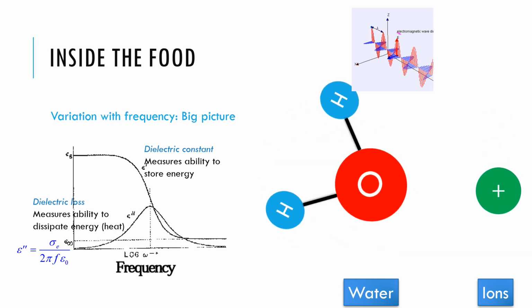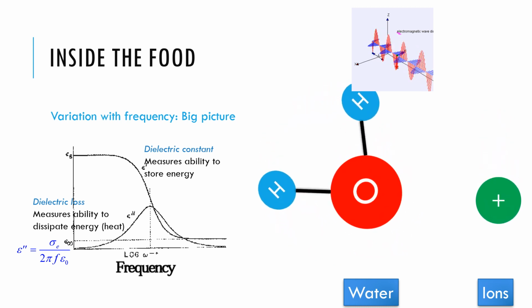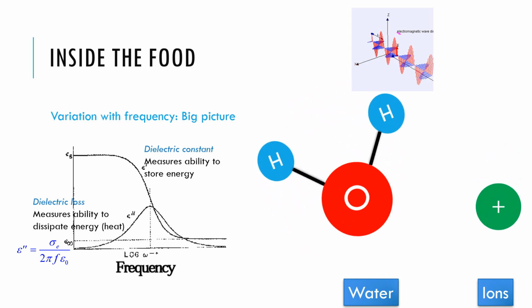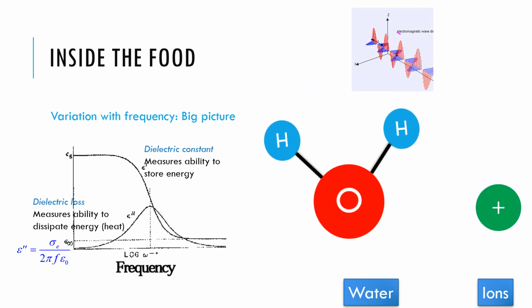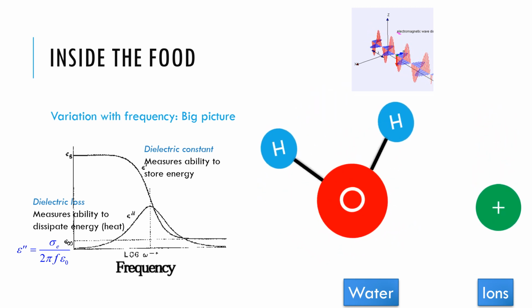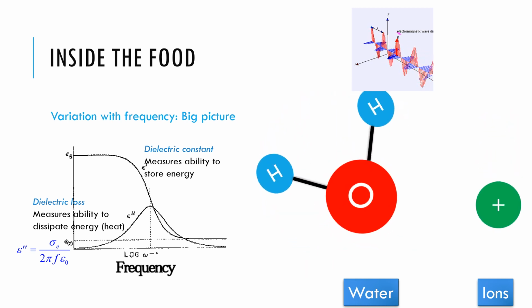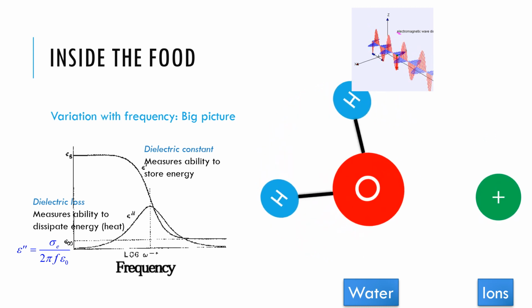That's how it generates heat. Although we use one, maybe two frequencies in practice for generating microwaves, it is useful to get a general picture of how this interaction of, let's say, the water molecule or the ions would vary with frequency.